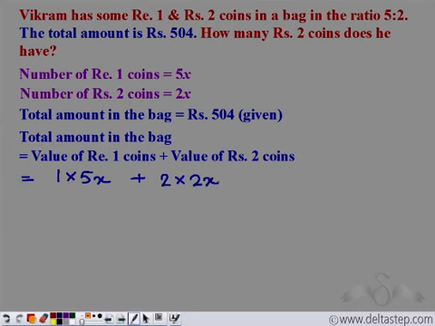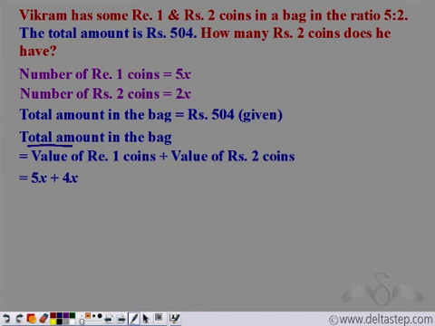So 2 into 2x. So the value of rupee 1 coins is 1 into 5x, which gives us 5x. And the value of rupee 2 coins is 2 into 2x, which is 4x. So this is the total amount of money in the bag.